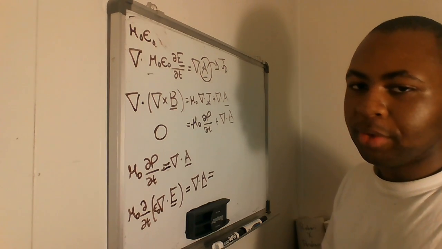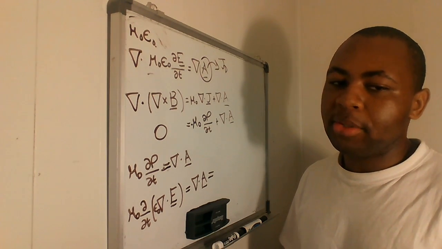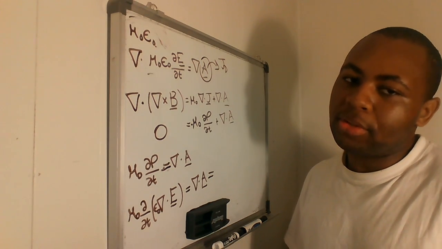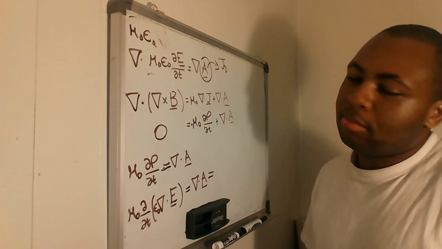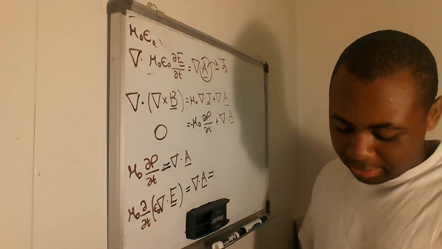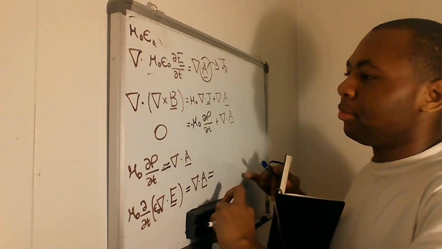I don't know the historical reason why they call it displacement current, but the name isn't really a misnomer, and it doesn't not make sense. So I think it fits. And it's fit for this long, so keep it. So there we go.